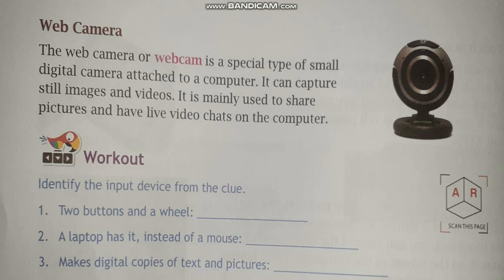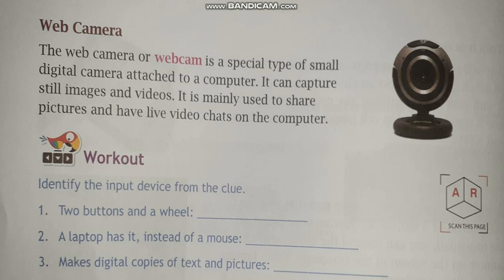Next, web camera. The web camera or webcam is a special type of small digital camera attached to a computer. It can capture still images and videos. It is mainly used to share pictures and have live video chat on the computer. Here we use a digital camera and also a web camera.